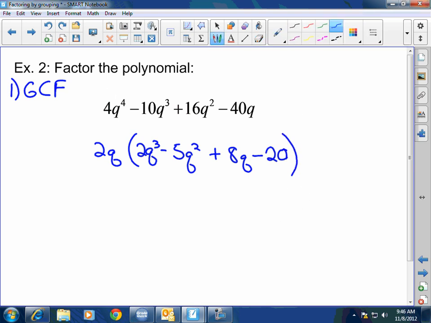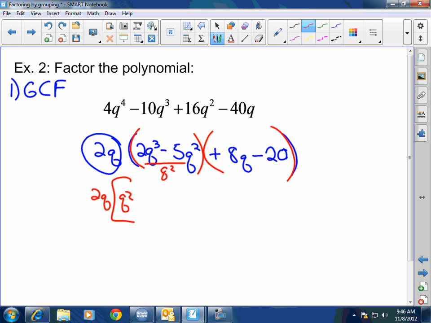Okay? Now from here, let's group it. This guy stays there the whole entire time. Now, this, so now I have 2q, right? And then I have times, take out my q from here only, right? Q squared. So I got a q squared, and I've got left over 2q minus 5.